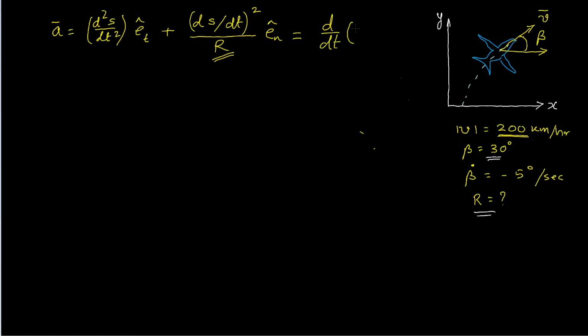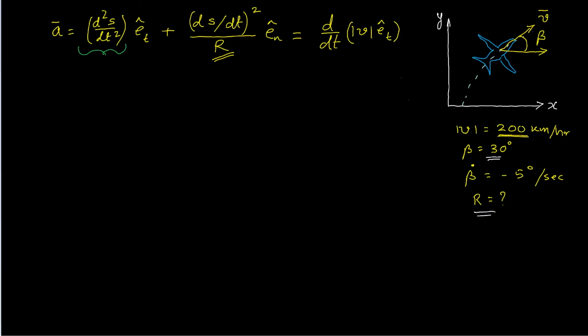And one more thing, this is nothing but the time derivative of the velocity vector, that is the magnitude of the velocity times et. So this is what we have figured out. One more point to be observed is that this portion is known to be 0 for us.